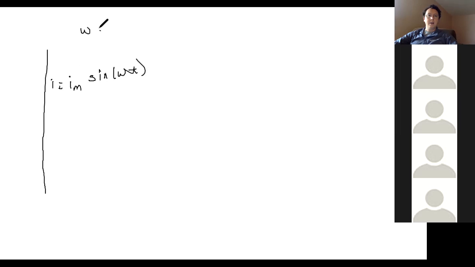Omega is the angular frequency, so it's the radians per second. So I know that it's 2 pi times the frequency. And since the frequency is related to the period, I know that it's 2 pi divided by the period.